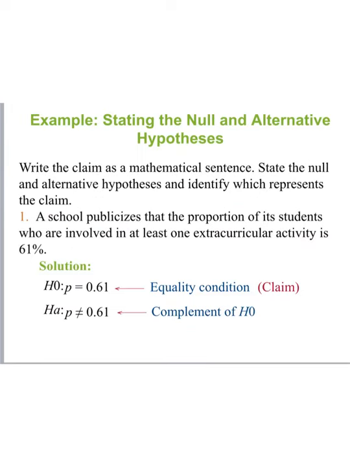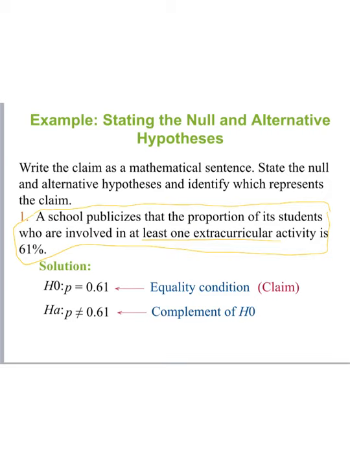Let's take a look at how we would write the claim as a mathematical statement. If the claim is given: a school publicizes that the proportion of its students who are involved in at least one extracurricular activity is 61%.